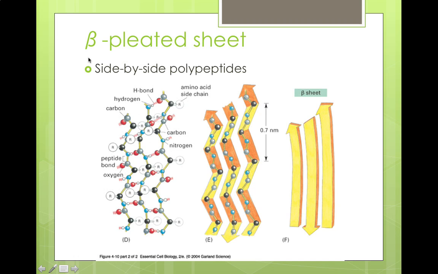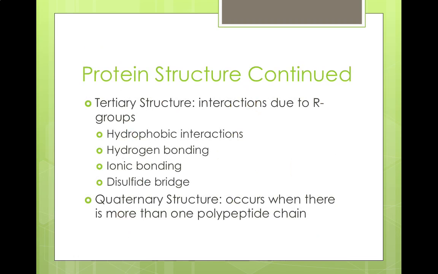It also looks a little bit like the German Sz. These are side-by-side polypeptides, and they kind of look to me a little bit like graphite. When we think of how those graphite molecules interact, it looks a bit like that to me. And again, we see the interactions between the carboxylic acid of one group and the amine group of the other.